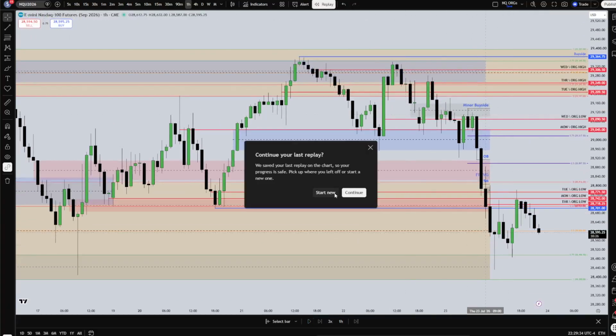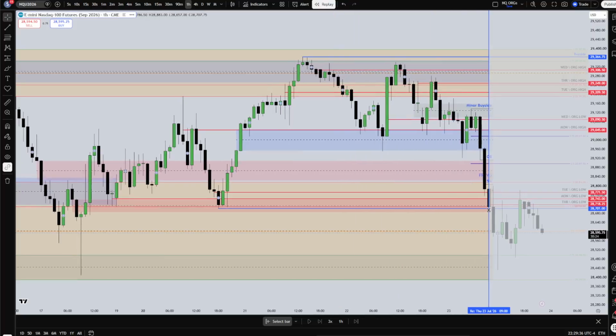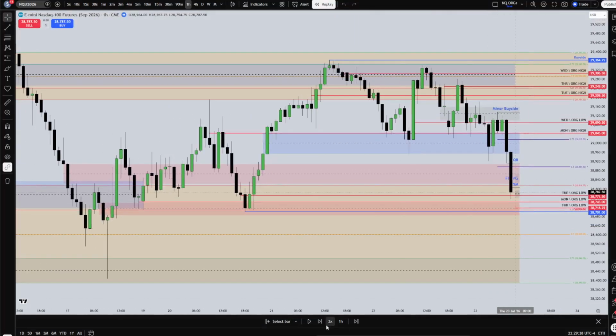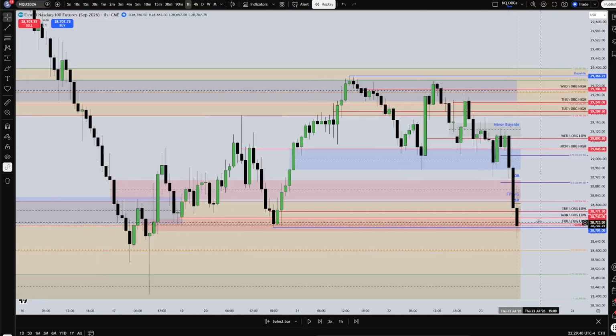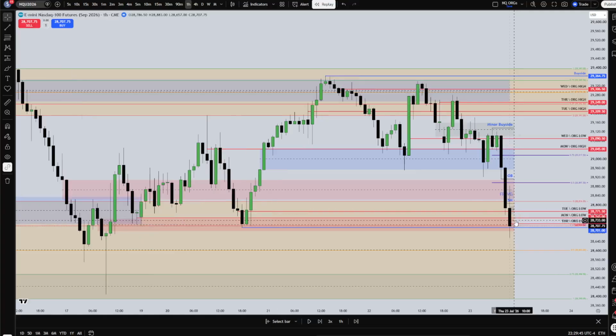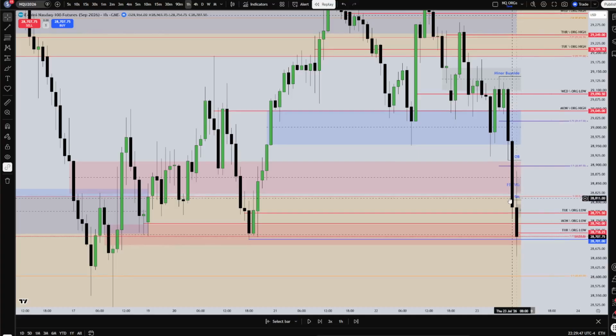Let me do this as well because we know what the context was. So this was the 9 a.m. to 10 a.m. candles. In all of this, we open, we go down, take the sell side, and then we go up into this fair value gap and then go down again, right?